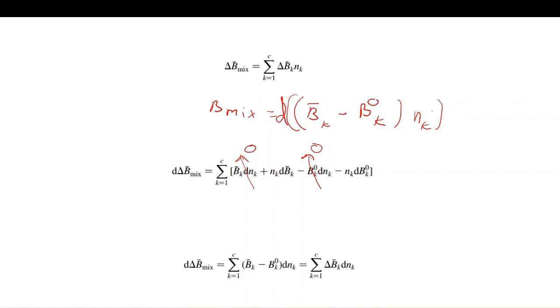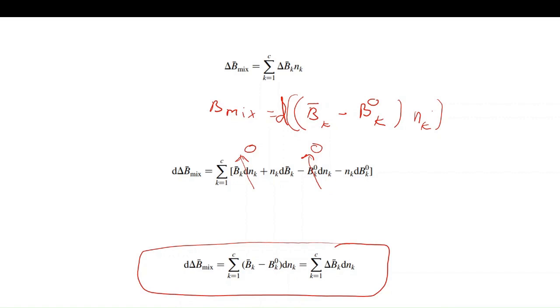Altogether, I can say that delta B mix equals the summation of delta B bar K into d N K, where delta B bar K is B' K minus B naught K. Moving ahead, for only two component species, we know that delta B mix can be written as delta B1 bar dx1 plus delta B2 bar dx2.